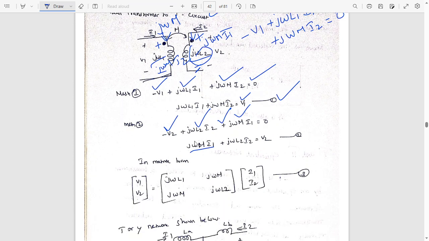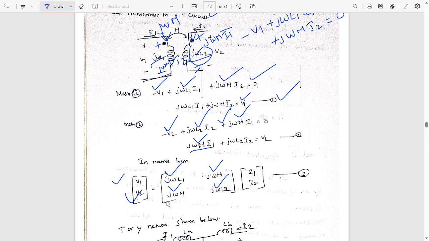So I can write equation 1 and equation 2 in the matrix form. So V1 and V2 will be on the left hand side, equal to coefficient of I1, coefficient of I2: j omega L1, j omega M, and here coefficient of I1 is j omega M, coefficient of I2 is j omega L2, multiplied by I1 I2. So this is the matrix we are going to get for these two equations.